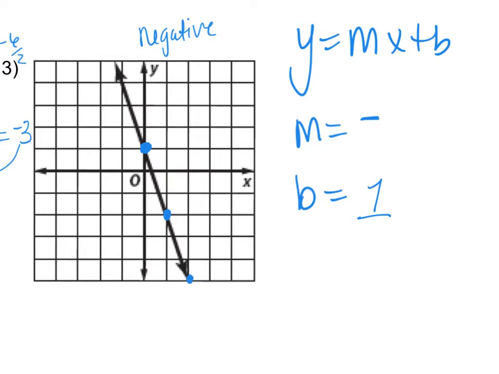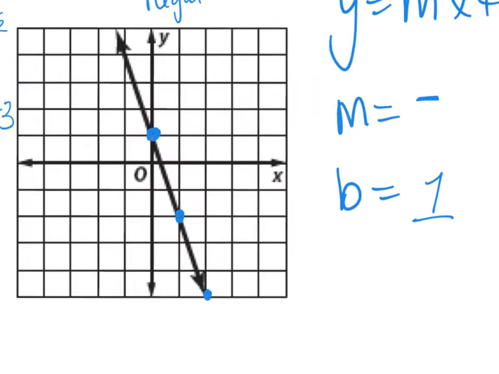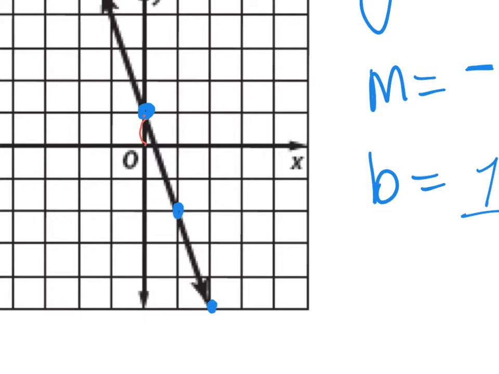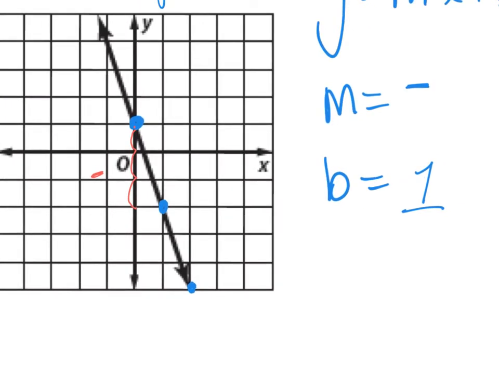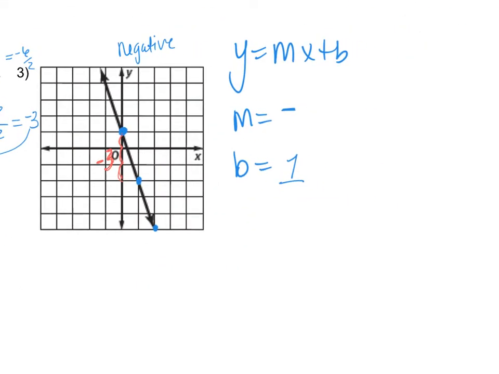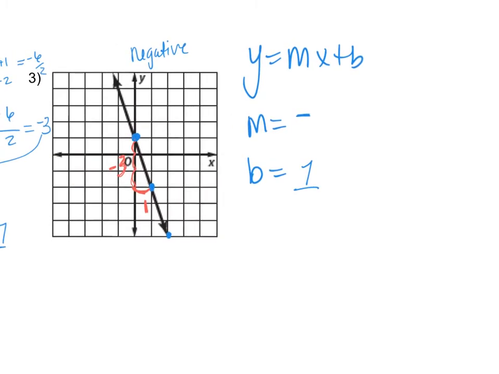From point to point, I'm going to go down 1, 2, 3. My vertical change is 3 squares down. Is it negative 3? Yes, because my slope is negative. And then my horizontal change is 1. So negative 3 over 1 is my slope.